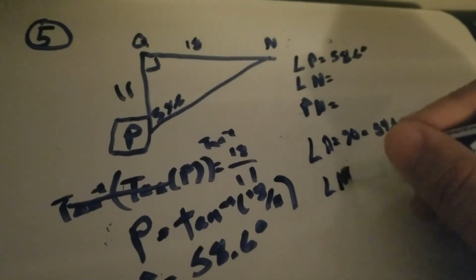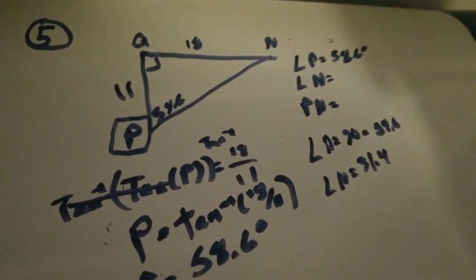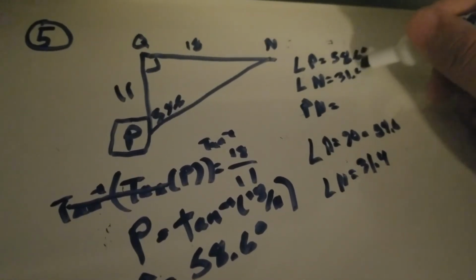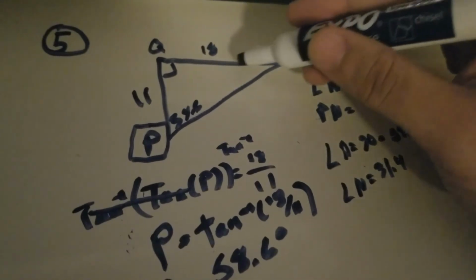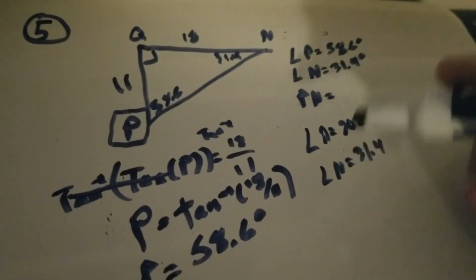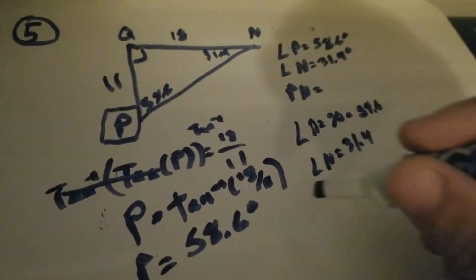So angle N should equal 31.4 degrees. And I could write that here if I want to. This example is not only to show you how to solve it, but also how to show your work.